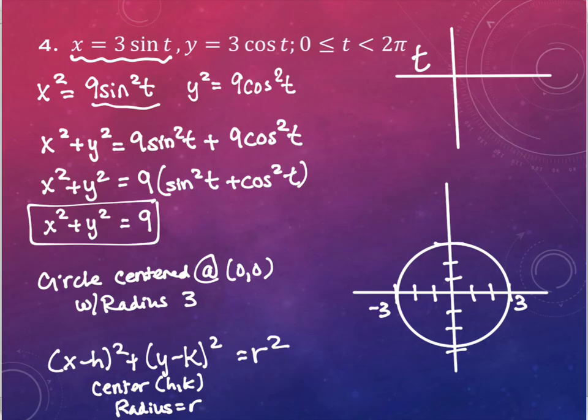So if I take 2 points that are really nice to work with, I should be able to figure this out pretty quickly. For example, I'm going to choose 0 because it's generally nice to work with. And in terms of this being trig, a nice value would be something that I know from the unit circle. What's a really nice t value that I could plug in here? Somebody give me one.